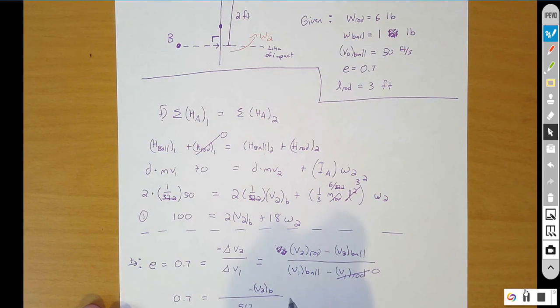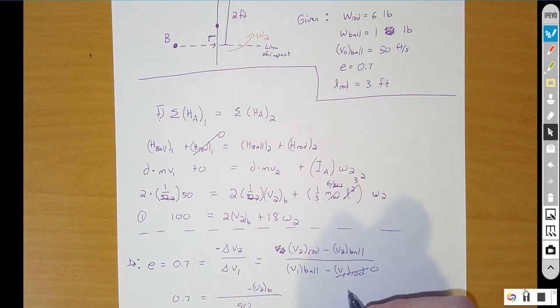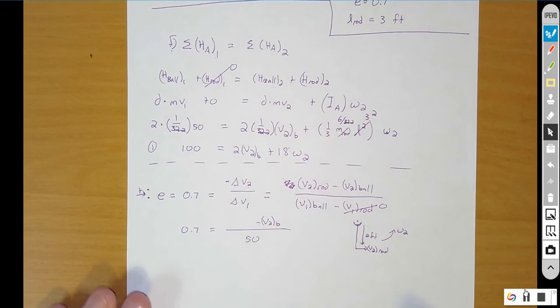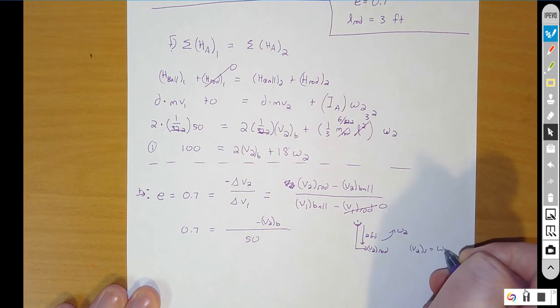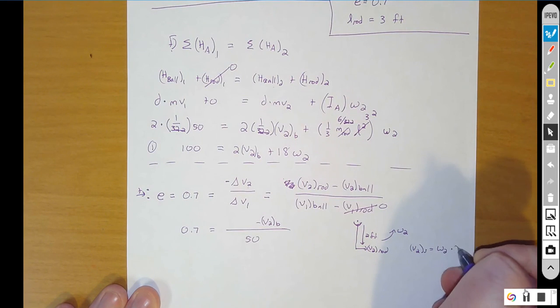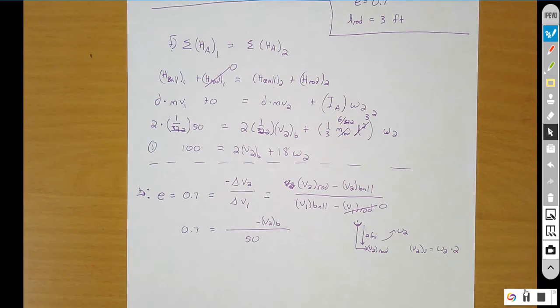V2 of the rod, for the rod we're going to use some kinematics, knowing that this is 2 feet down. If it's going to rotate this way, omega 2, then V2 of the rod should be omega 2 times 2. So omega r, just like we've done before.